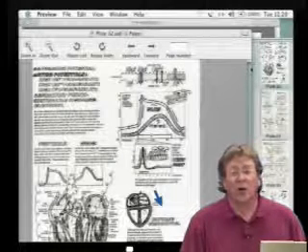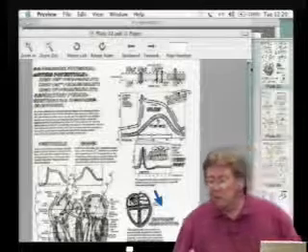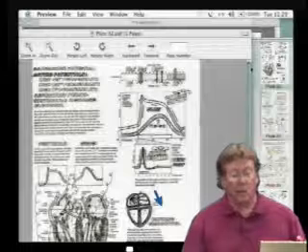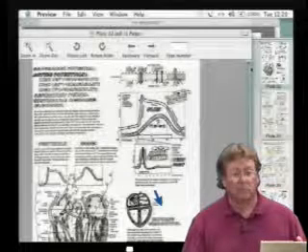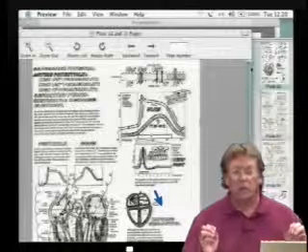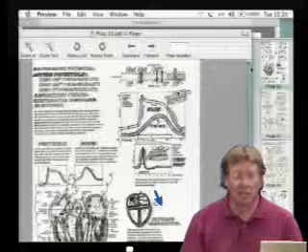Consequently, there's a long refractory period throughout the time of the contraction, the action potential. It's refractory, and it's absolutely refractory.